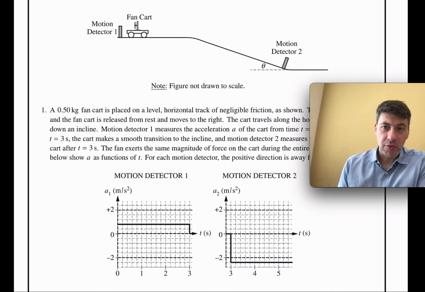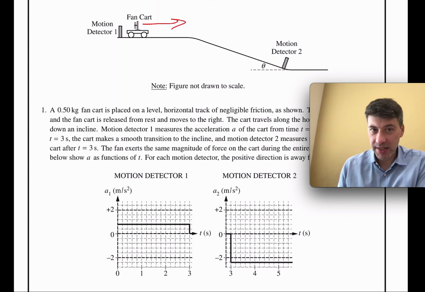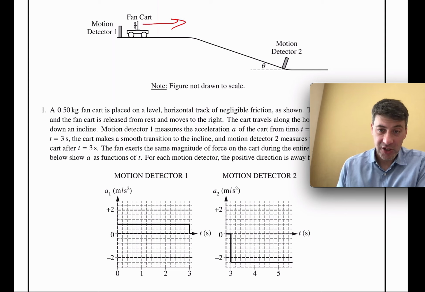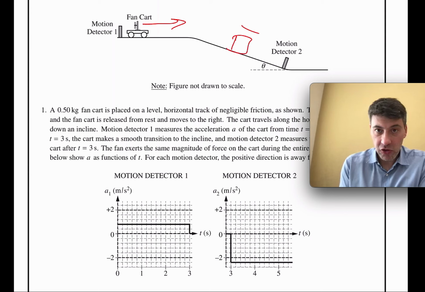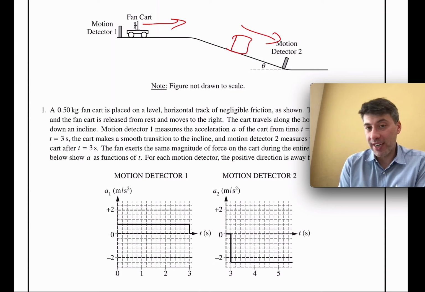The reason we have positive and negative acceleration on the 2 graphs is because the cart goes away from the motion detector 1, so we have positive displacement. That's why the first motion detector finds a positive acceleration, and later the cart moves towards the motion detector. So for the motion detector there is negative displacement, that's why the acceleration is measured as negative, but it's not really negative. The object will be speeding up.